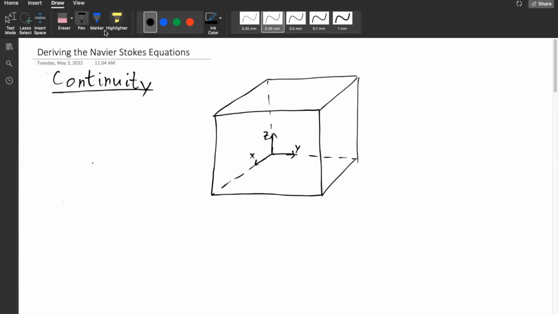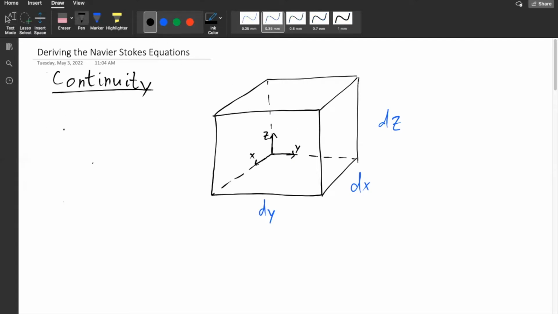And our control volume has the sizes of dx, dy, and dz. And this is saying that the size of our control volume is infinitesimal, which means that it's the smallest size that you can possibly imagine.